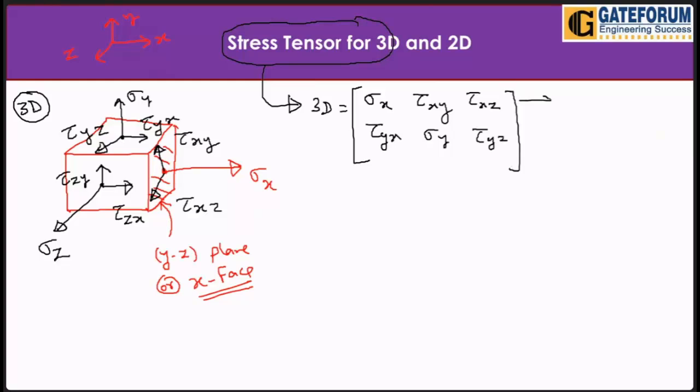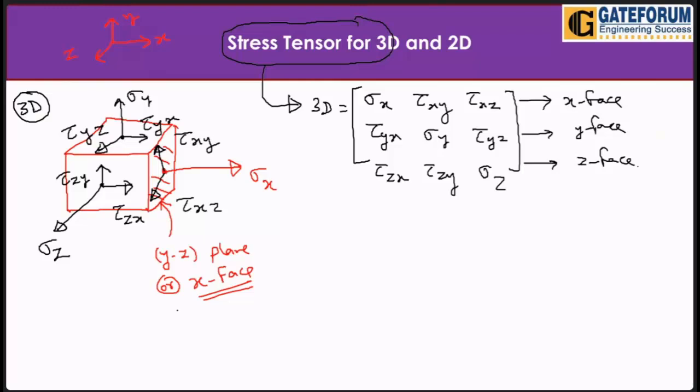Because the first row is for the x face, the second row is for the y face, and the third row is for the z face. In the third row we have tau zx, then tau zy, and last sigma z, like this matrix. The diagonal will be normal stress and the rest will be shear stresses, and complementary shear stresses will be equal.